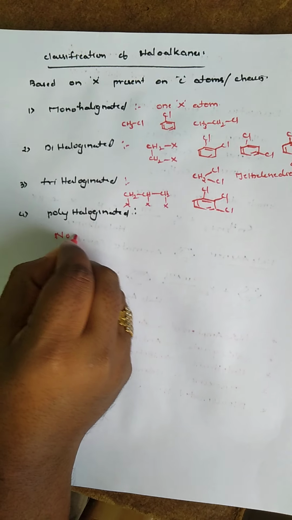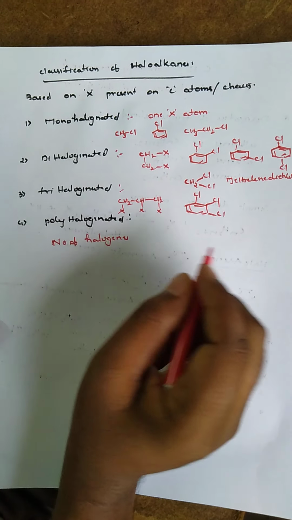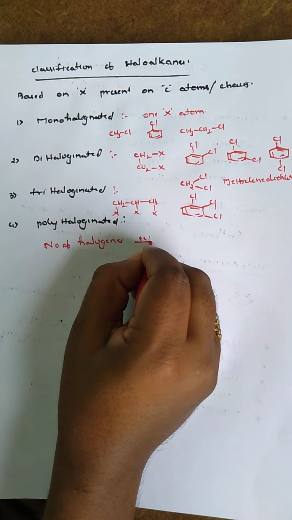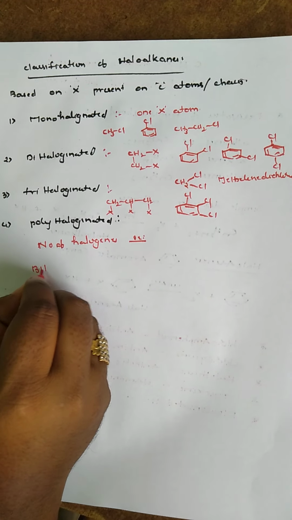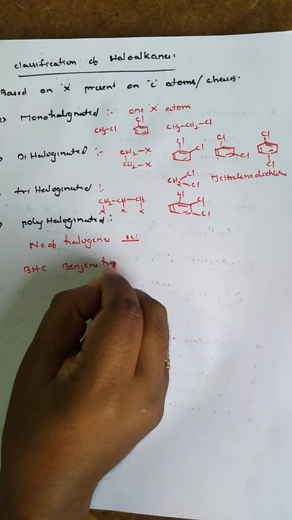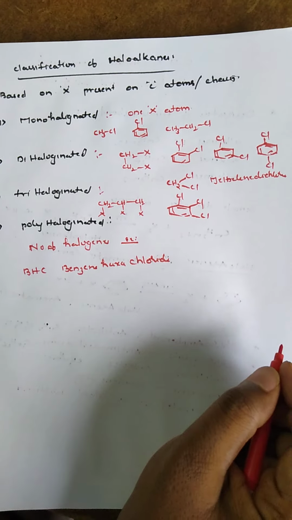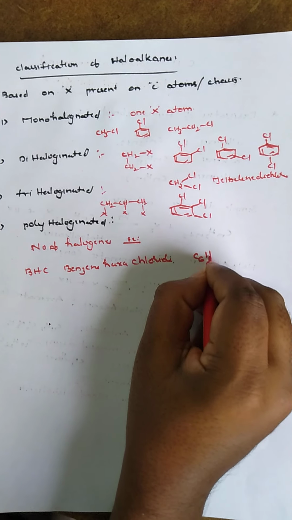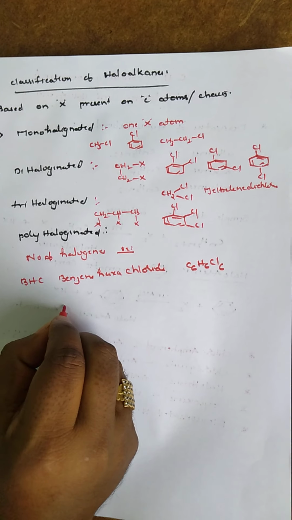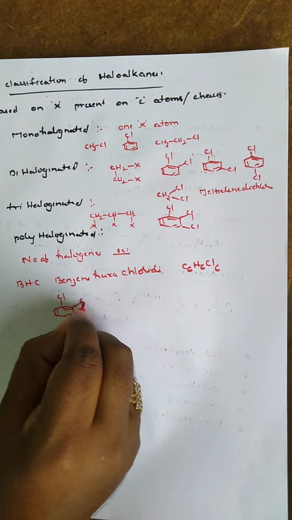So if the number of halogens is greater than three, then we will call them polyhalogenated compounds. Examples of polyhalogenated compounds are BHC, benzene hexachloride, C6H6Cl6. The more halogens present, the name is benzene hexachloride.